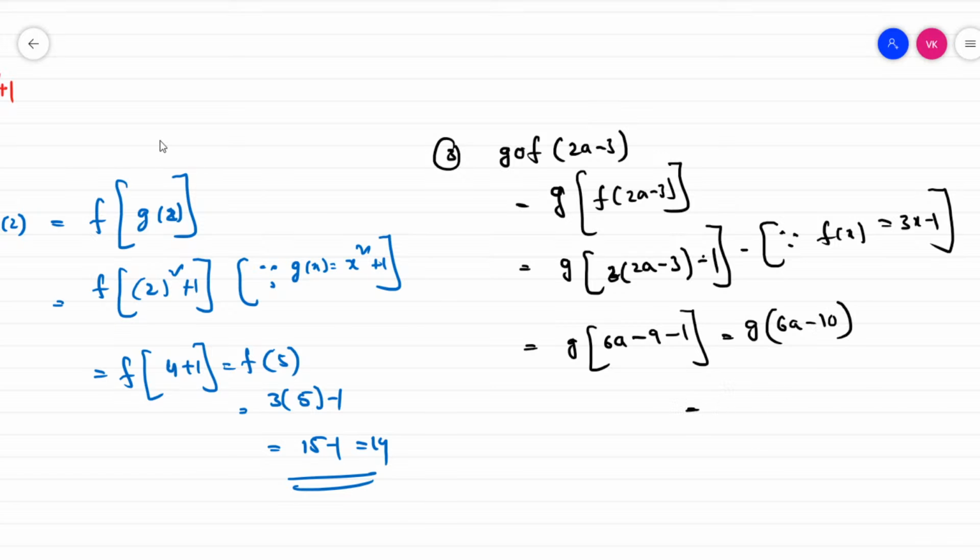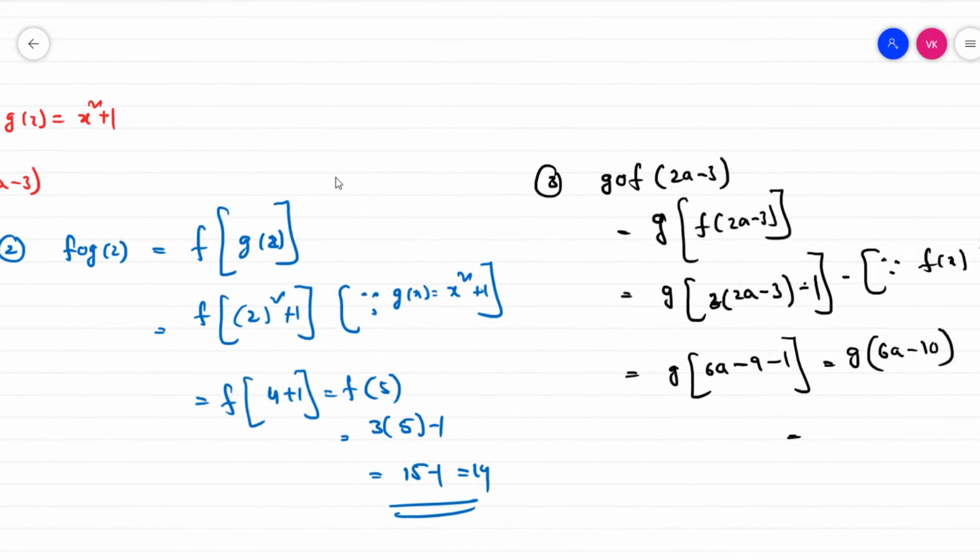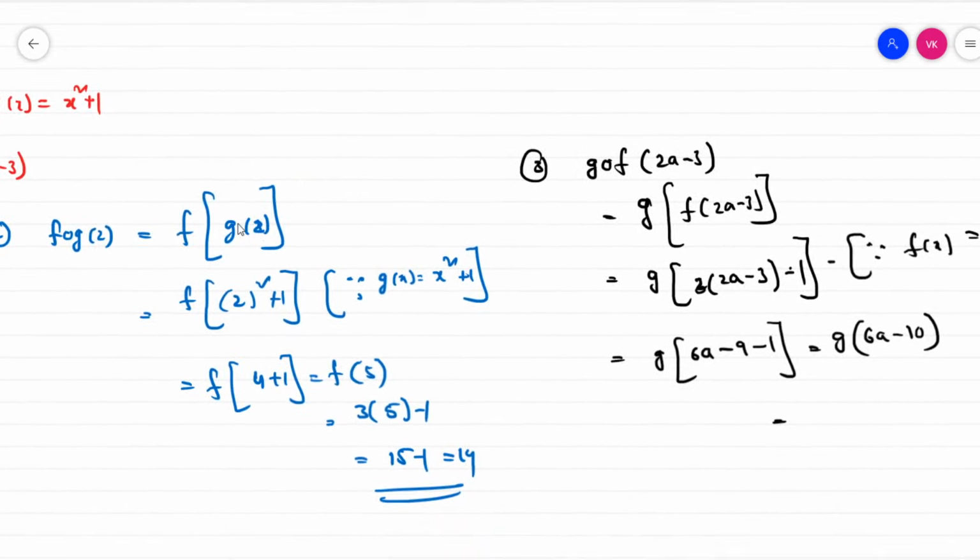We know that g of x is equal to x square plus 1. Then we can write (6a minus 10) whole square plus 1. Let's simplify. We can write 36a square plus 100 minus 120a plus 1. We can simplify as 36a square minus 120a plus 101. This is the answer.